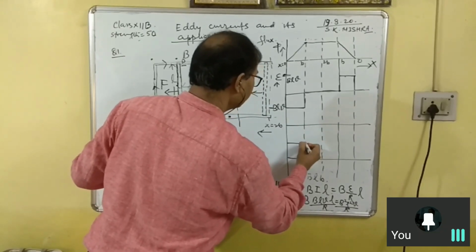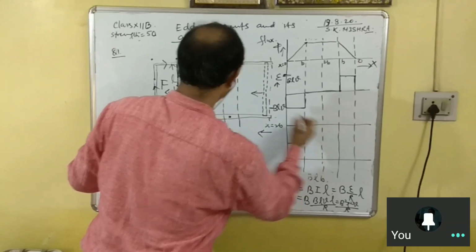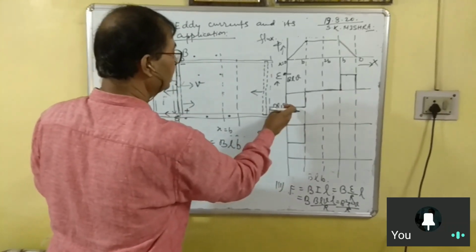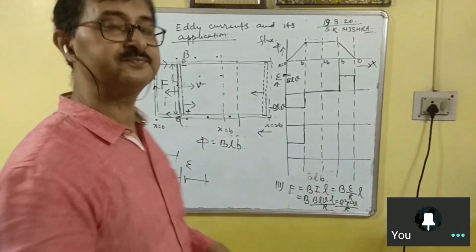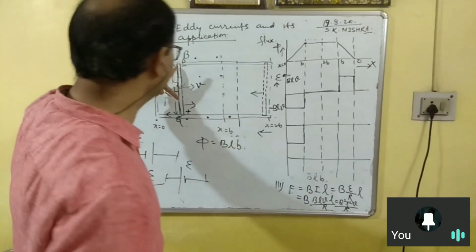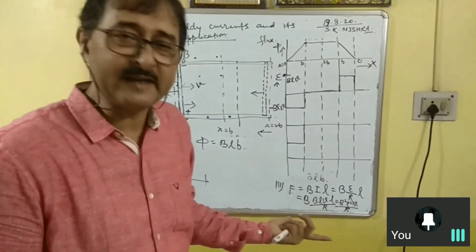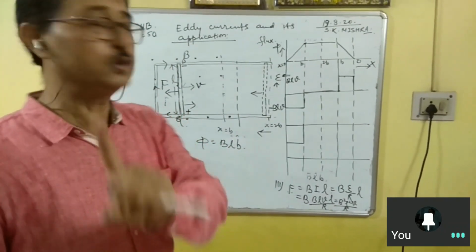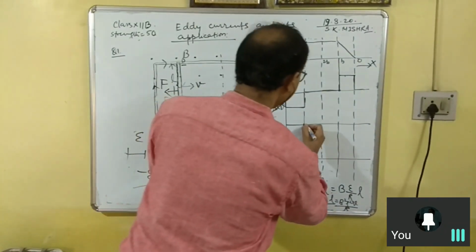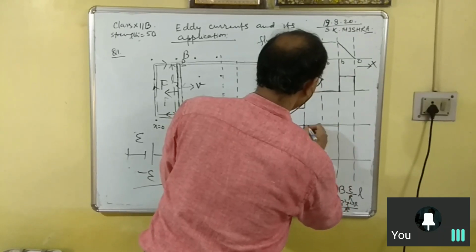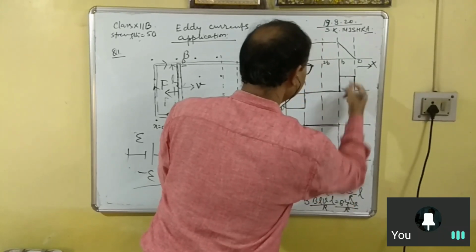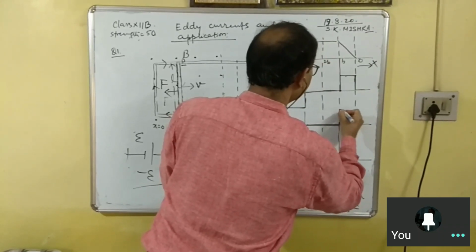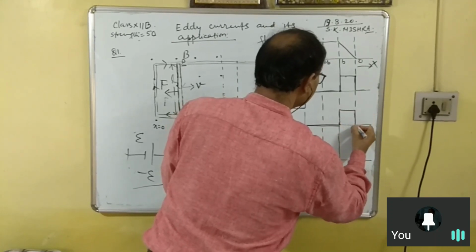And then the moment you are out of the magnetic field, no question of induced EMF, then no question of current, no question of F is equal to BIL. So no force is there.